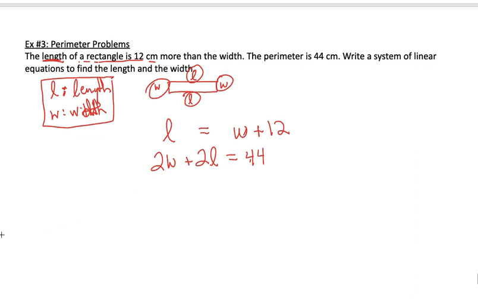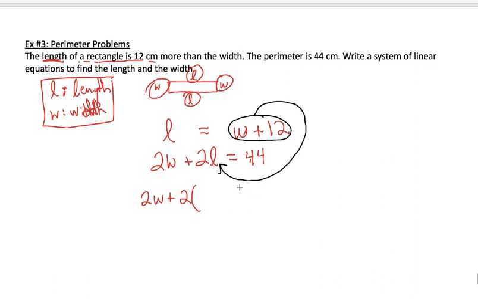So now we've got our 2 equations that we can solve to find the length and the width. Length is by itself, so we'll circle W plus 12, and the arrow goes right to the L because that is the length. So we rewrite 2W plus 2L equals 44.